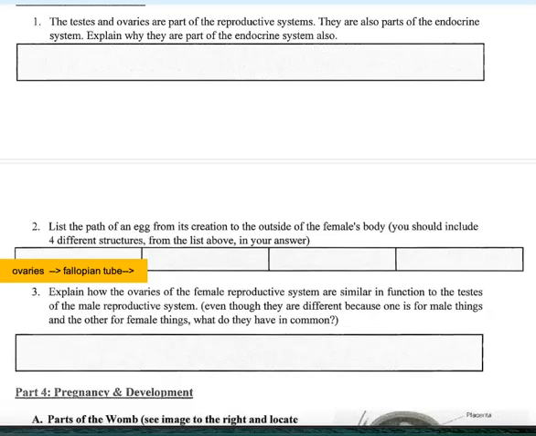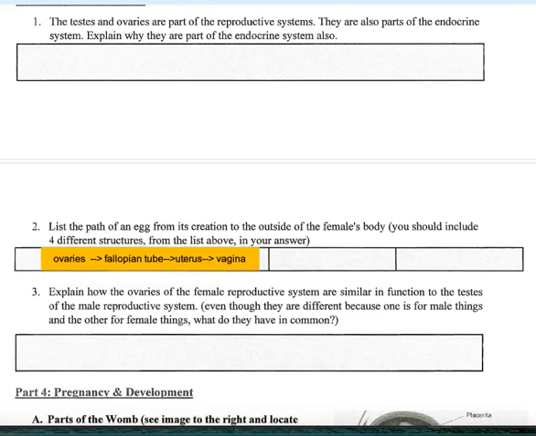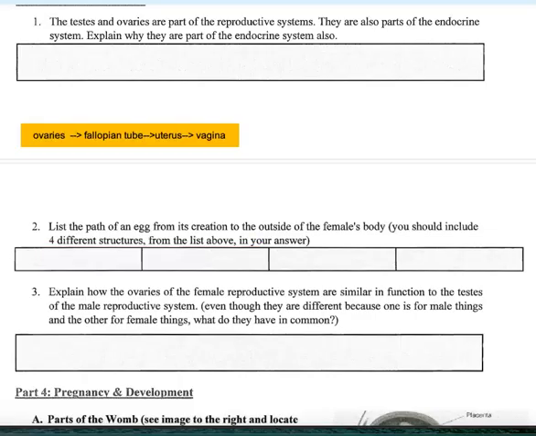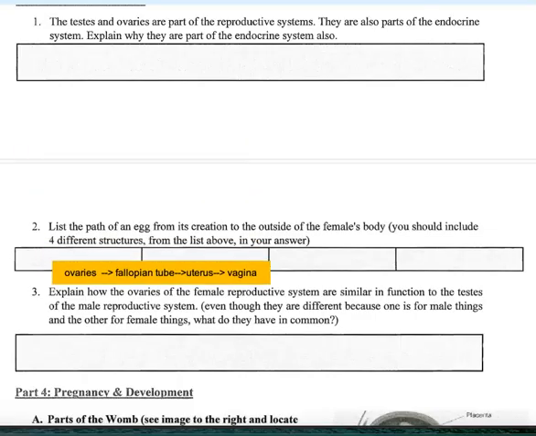It continues to travel from the fallopian tube to the uterus, where it will implant and grow for 9 months. And then when the baby is ready to be born, it exits through the vagina. So those are the 4 organs that the path of the egg takes.